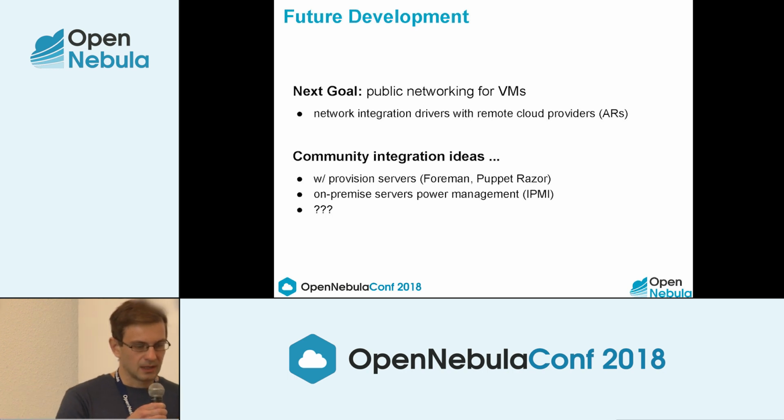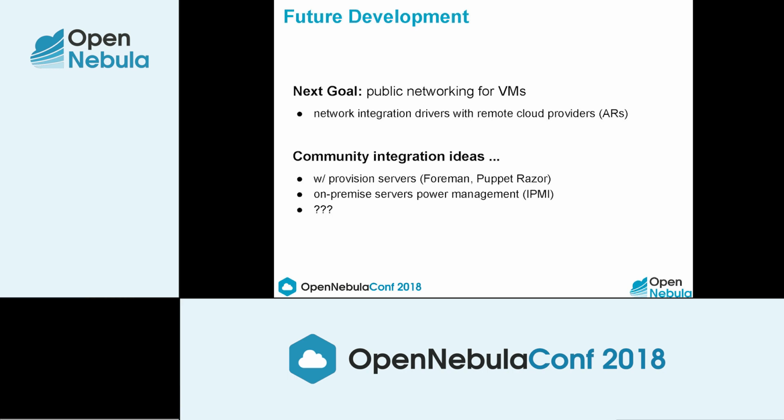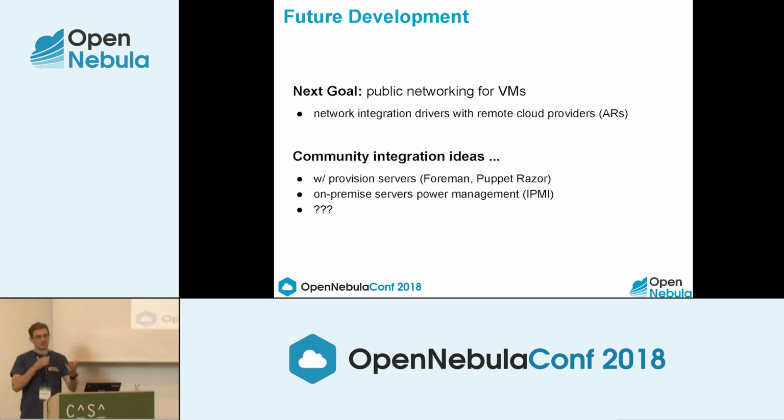And of course, we think about how to improve this tooling in the future. The kind of ultimate goal for the future is to allow public networking for the virtual machines which are running on cloud providers. Because this is not an easy thing. Usually you have to talk to the cloud providers.